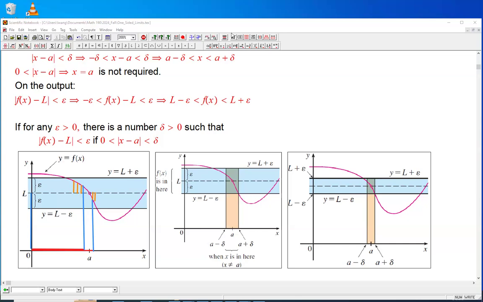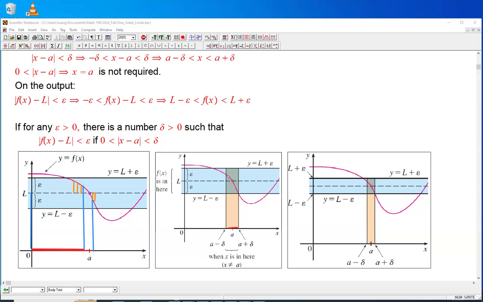So here we have a bunch of inputs. We use the red. So all the inputs from this interval have their respective outputs, which are blue. There are many more. Many inputs correspond to many outputs.